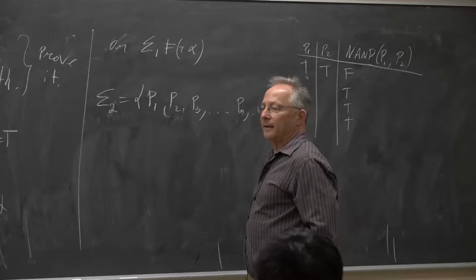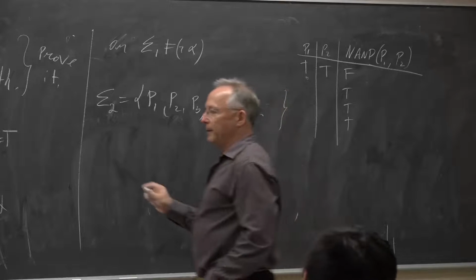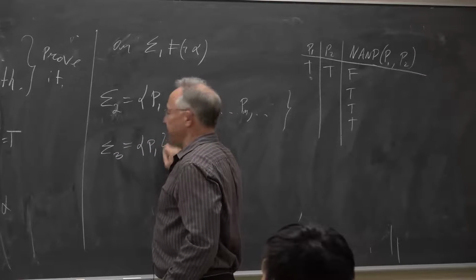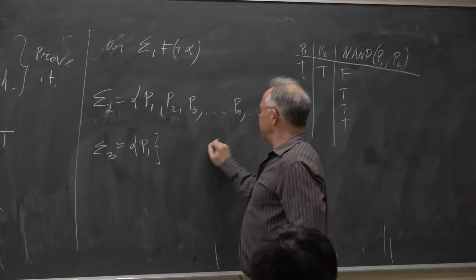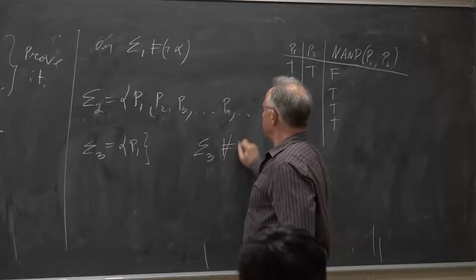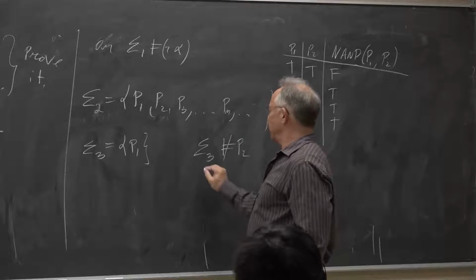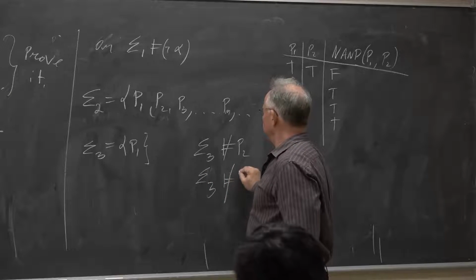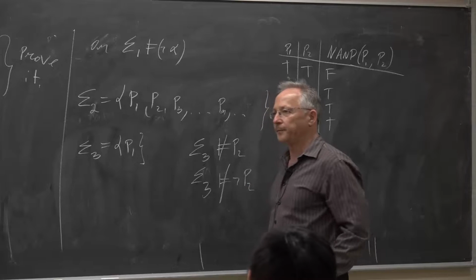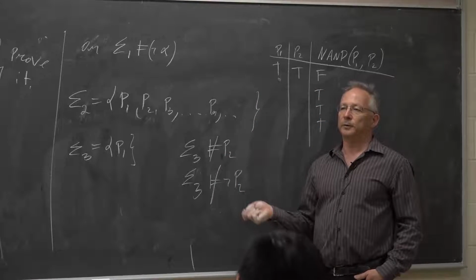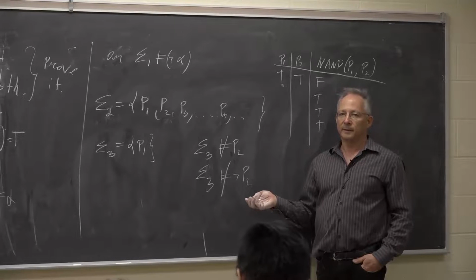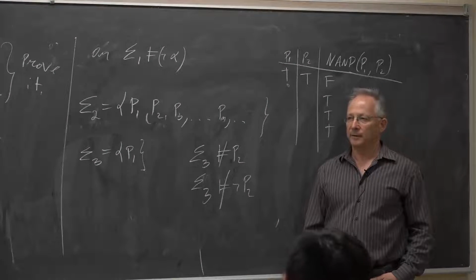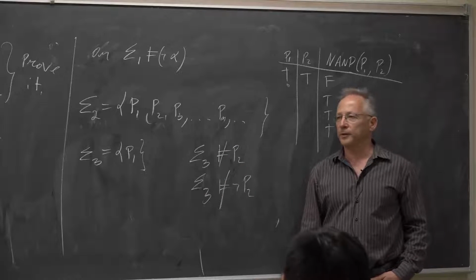Because then, if I take sigma 3 to be just P1, the problem is that sigma 3 does not logically imply P2, and sigma 3 does not logically imply not P2. It says nothing about P2. But we want a system that will say something about every formula. So I need to take all the propositional variables.